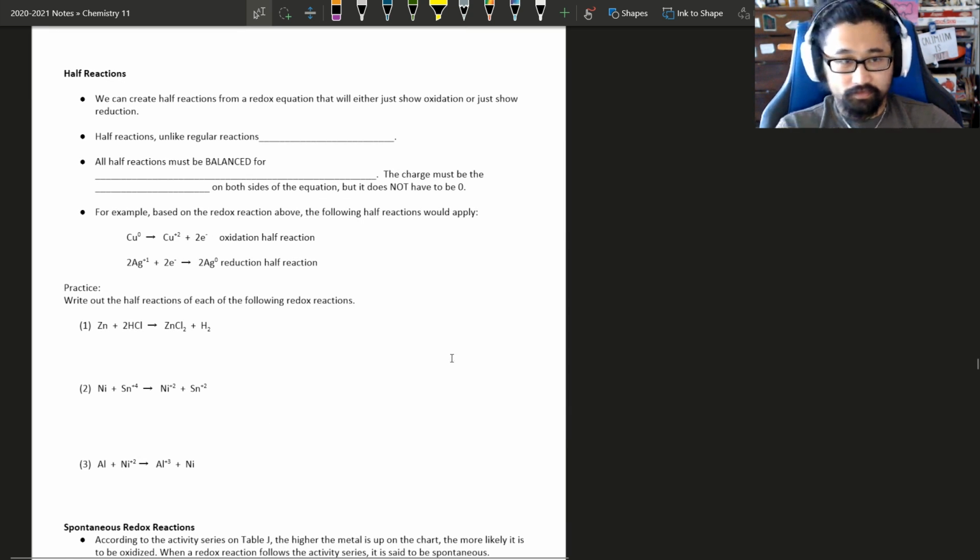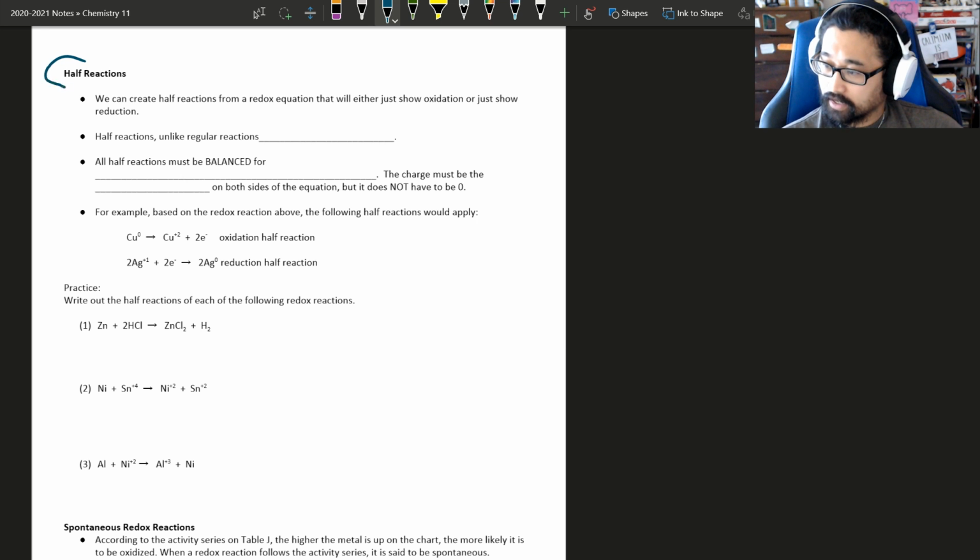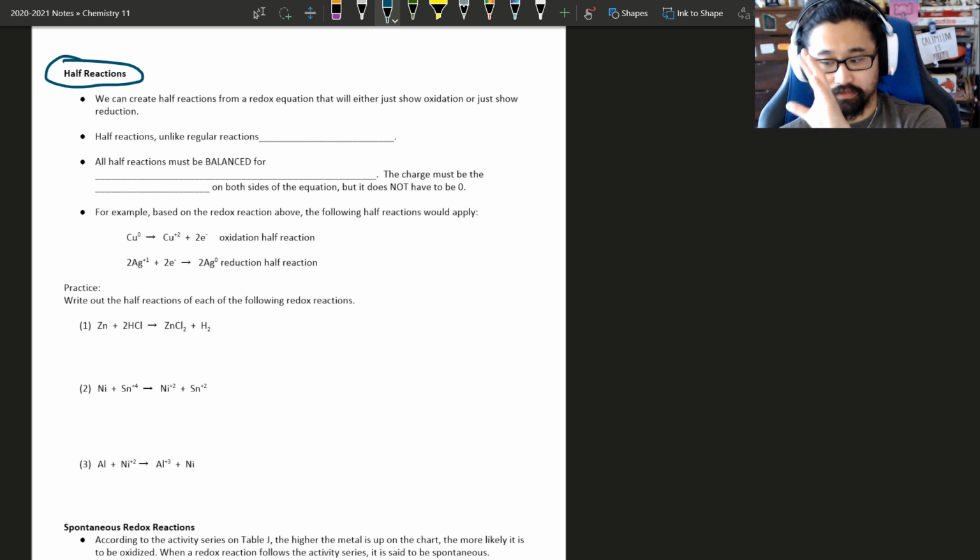This right here, we are talking about half reactions. And the implication with half reactions is that they are not full reactions. Half reactions only show oxidation or only show reduction, hence half, because the full reaction would be redox or both.